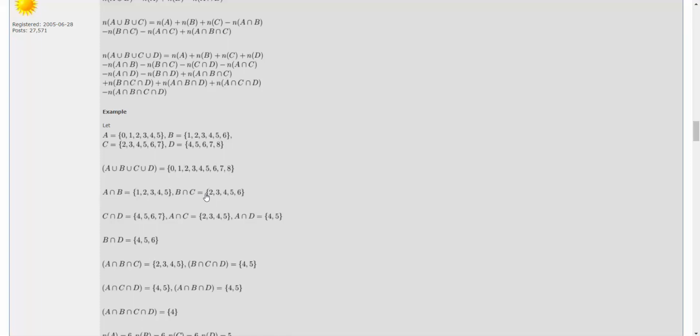A intersecting with B, we will have 1, 2, 3, 4, 5. B intersecting with C, we have 2, 3, 4, 5, 6.